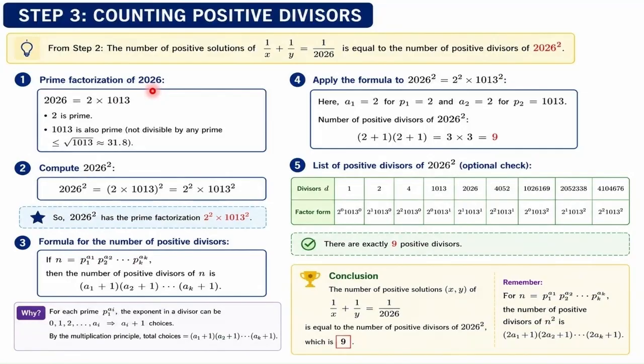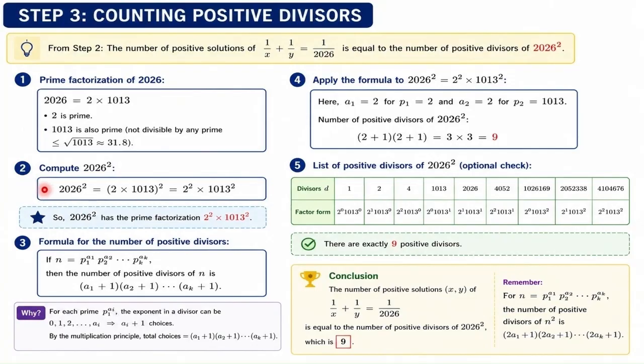We have 2026 equals 2 times 1013. And since 1013 is a prime number, we obtain 2026 squared equals 2 squared times 1013 squared.